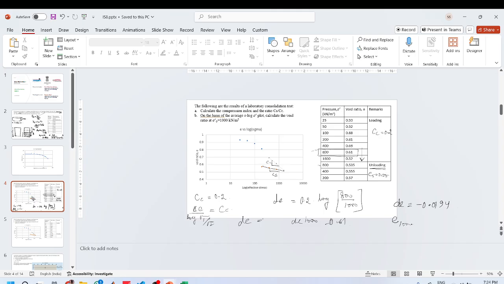So e at 1000 will be 0.61 minus 0.0194. This will be 0.59.